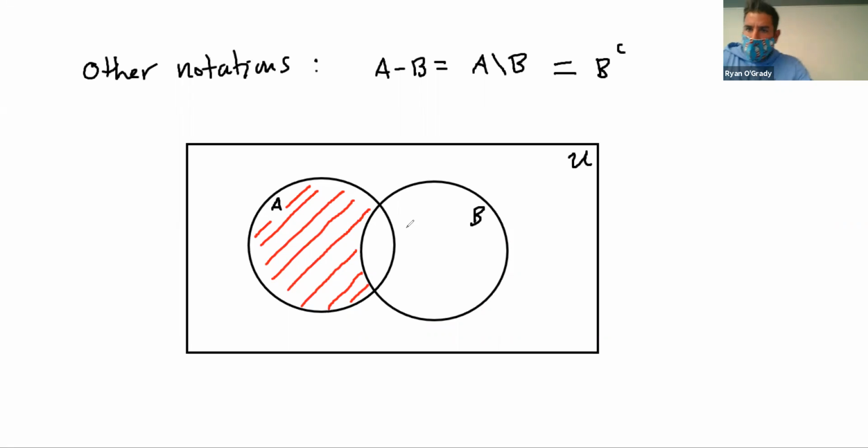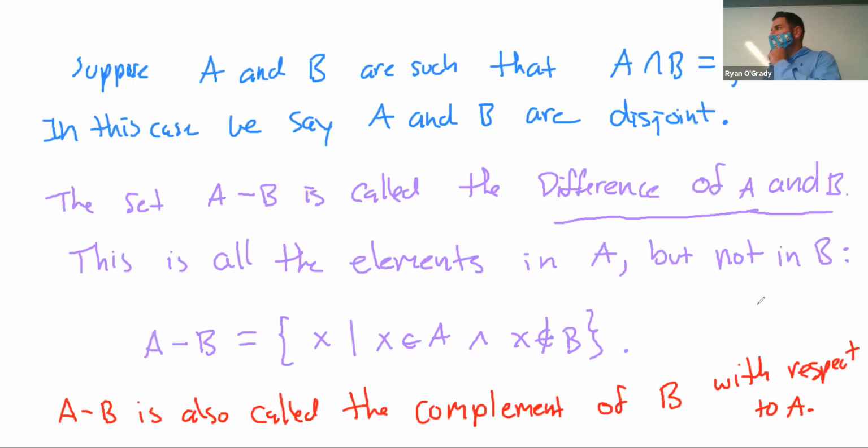Now, there are some context issues here. Notice that if we just say the complement of B, there can be confusion. That's why we add this at the end: the complement of B with respect to A. So when you're talking about the complement, you have to be very careful.